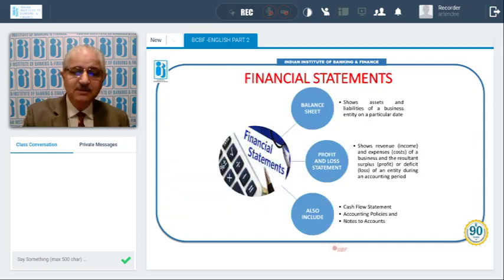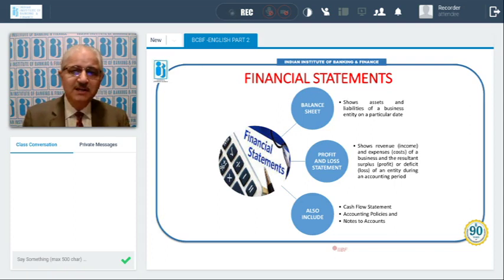Now we talk about the financial statements. The most important ones, everybody would be aware of: the profit and loss account and the balance sheet. So what does the balance sheet do? The balance sheet shows you the assets and liabilities of a business on a particular date.